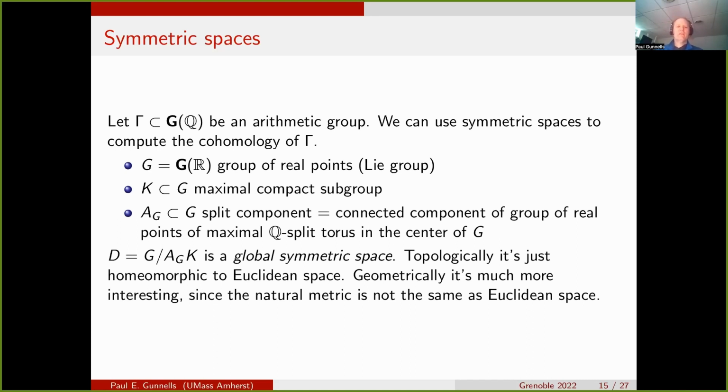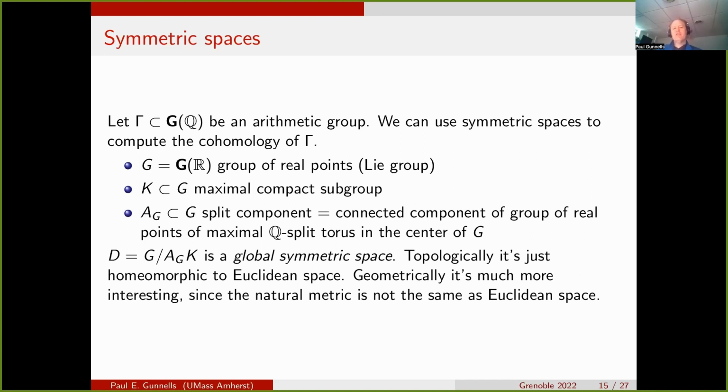The next thing is maybe a little more obscure. You don't always see this because a lot of times we're only dealing with semi-simple things, but it's called the split component. It's a mouthful to say what it is, but here it is. You take the connected component of the group of real points of the maximal Q-split torus in the center of G. A Q-split torus means it is a product of GL1s whose rational points are isomorphic to the same number of copies of Q cross.